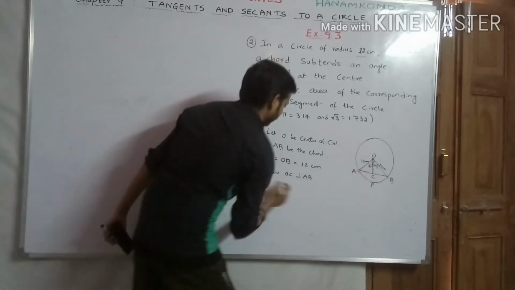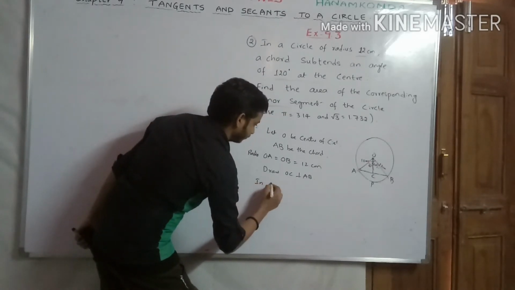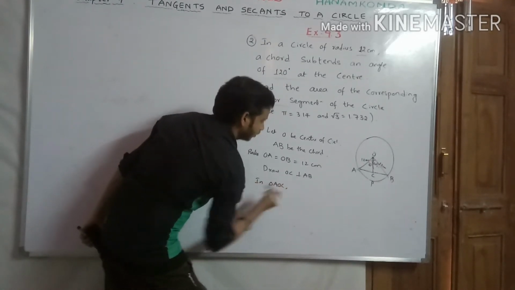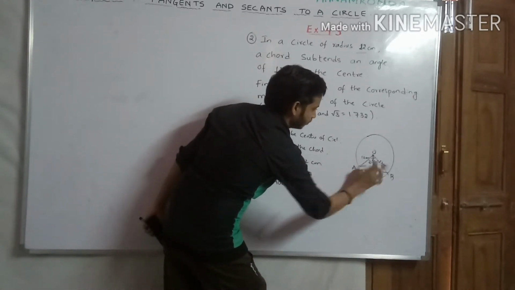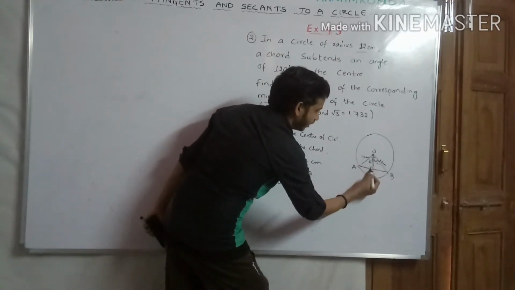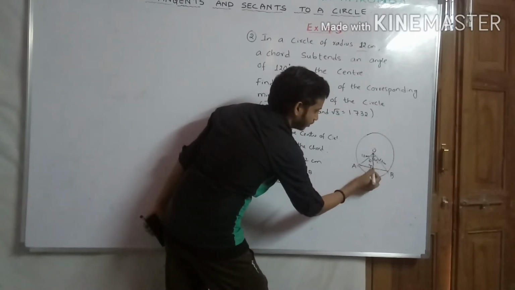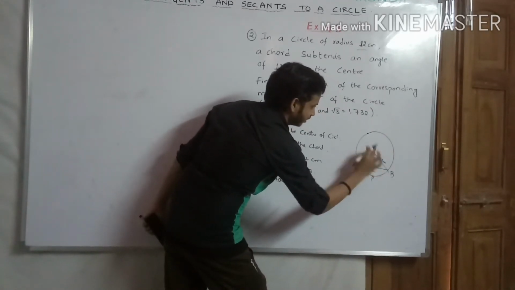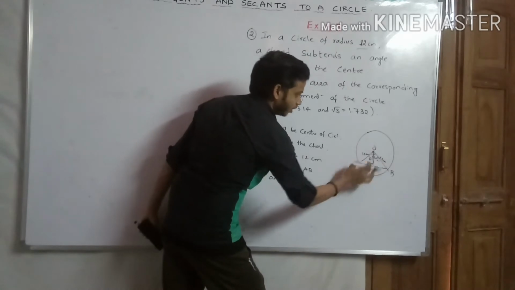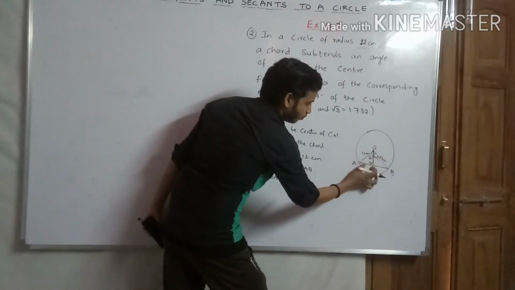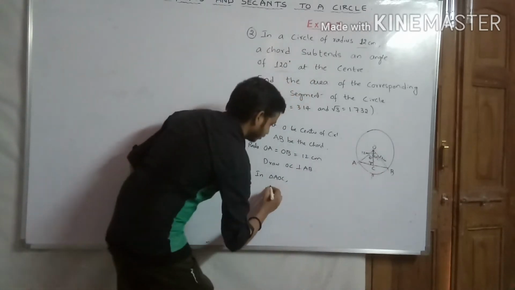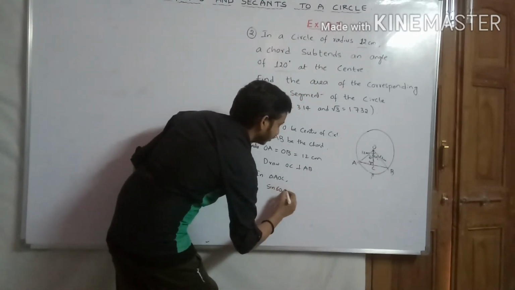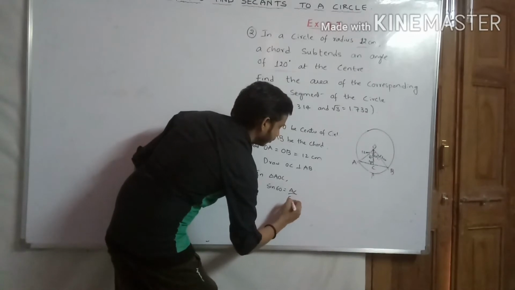So in triangle AOC, sin 60 equals opposite by hypotenuse. This is the 90 degrees, and the side opposite to this 90 degrees is the hypotenuse. So OA is the hypotenuse here. Sin 60, the side opposite to 60 degrees is AC, so AC by OA.